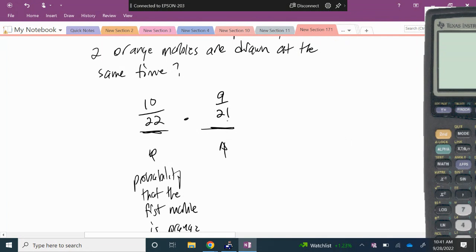Since the first marble is gone from the bag, that changes the amount of marbles that I have to choose from. So it goes from 22 to 21. And since the first marble was orange, it takes away from the total number of orange marbles in the bag.